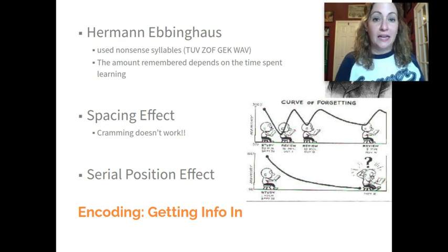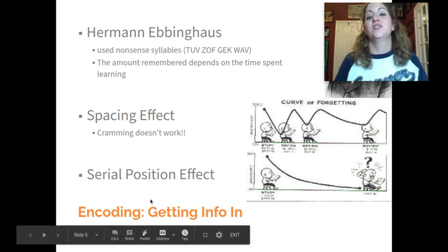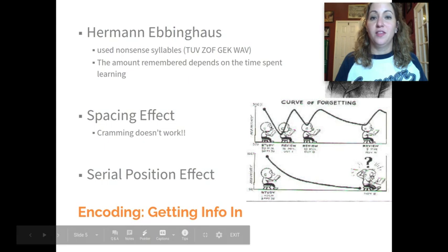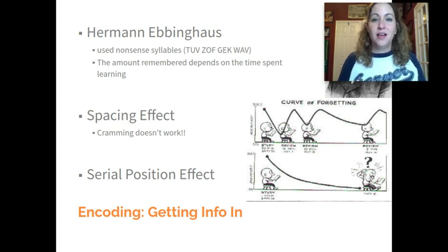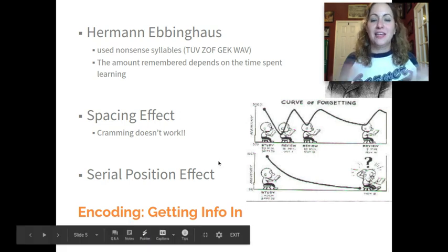Well, if you said beginning or end, you're right. The serial position effect says if there's a list, we remember the very first things, the primary part of the list, and the most recent things, the last part of the list. But it's the middle that we're going to forget.